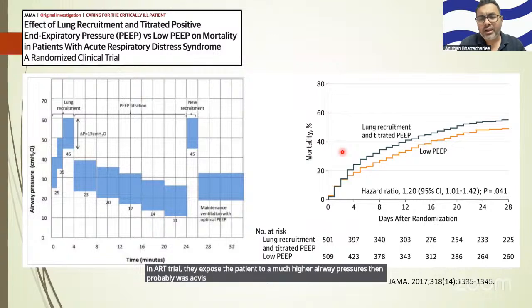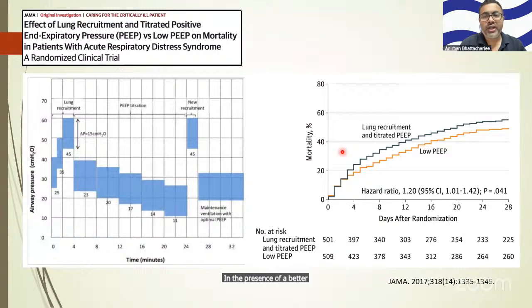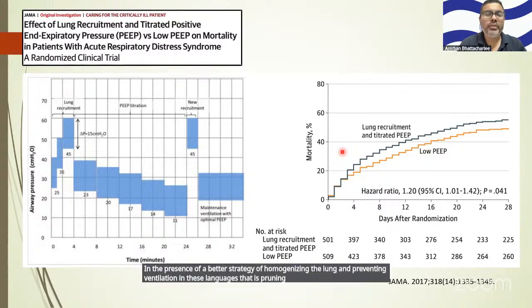But the message we get is that in the presence of a better strategy of homogenizing the lung and preventing ventilation-induced lung injury, that is proning, that should be preferred over doing a lung recruitment maneuver.